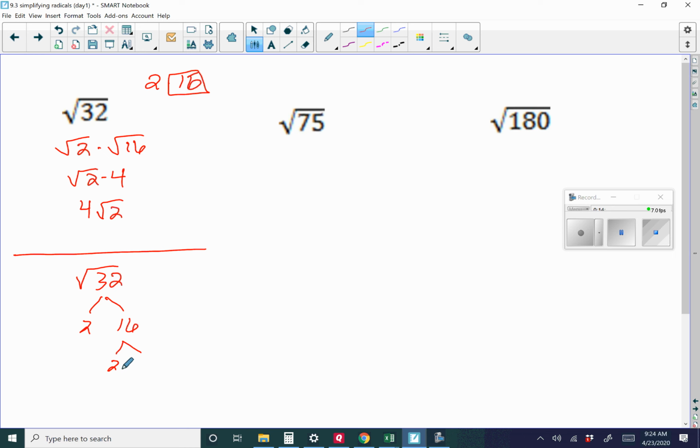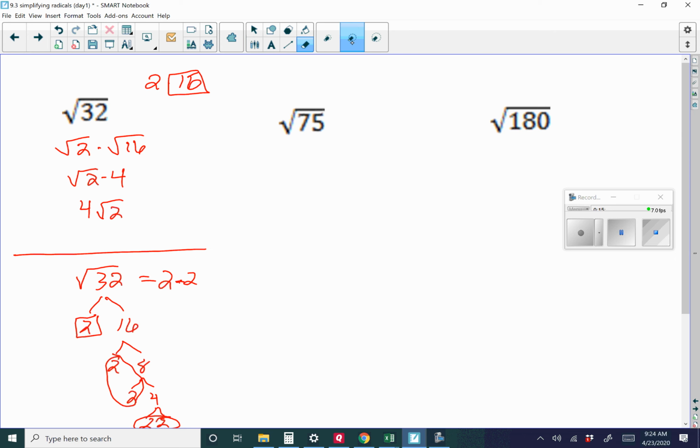So let's say 2 and 8, and then we got 2 and 4, and then we got 2 and 2. Okay, so pairs. Here's a pair of 2's, here's a pair of 2's, and there's one 2 left over. Okay? So in our answer, one pair means I write a 2 outside a radical. Second pair means I write another 2 outside the radical.